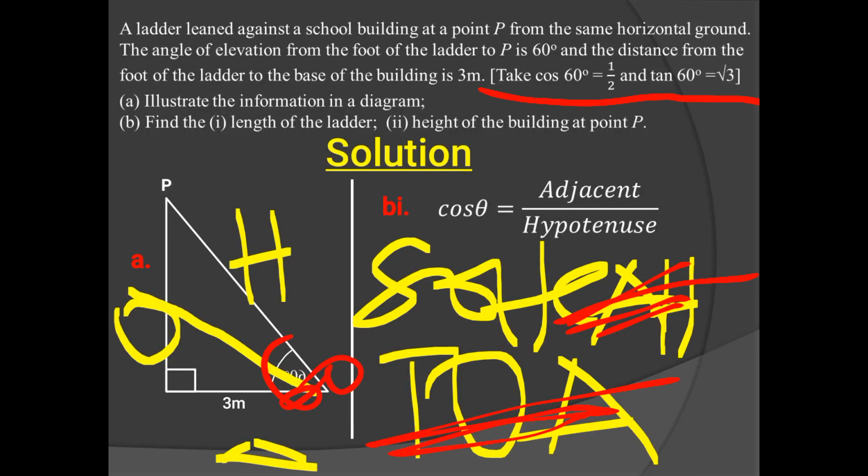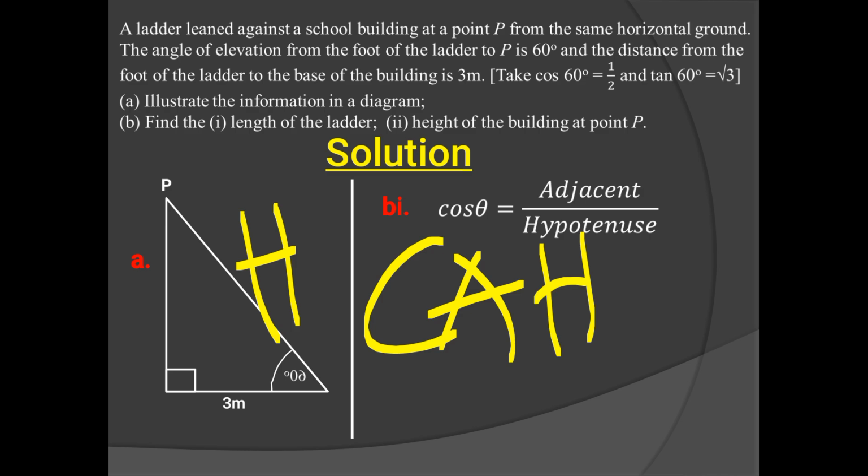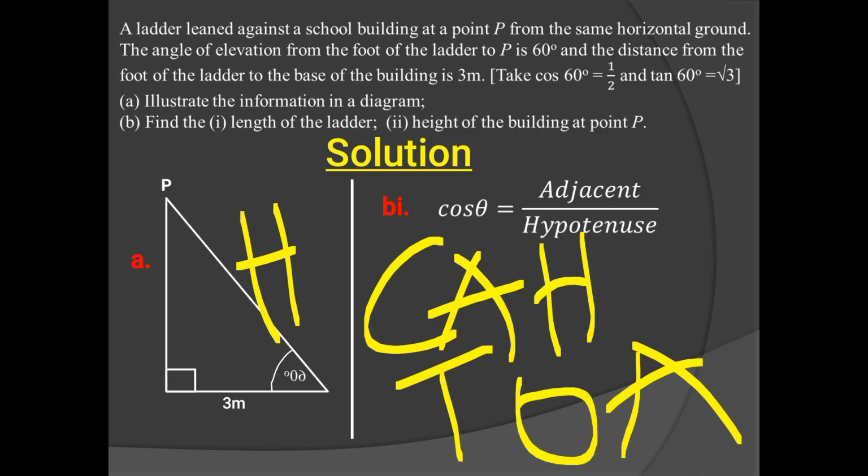Why am I saying the tan will not work, but the cos will work? Because the question said we should find, now let me clear my board, the length of the ladder. We are looking for the length of the ladder, and we said the length of the ladder is h.